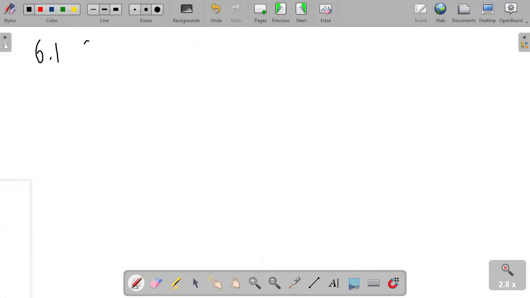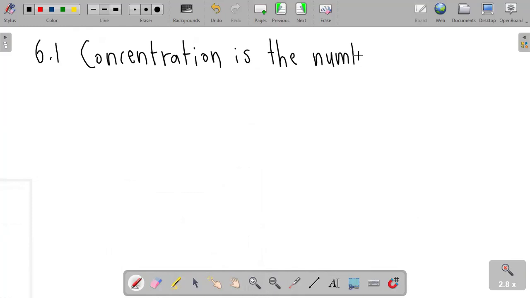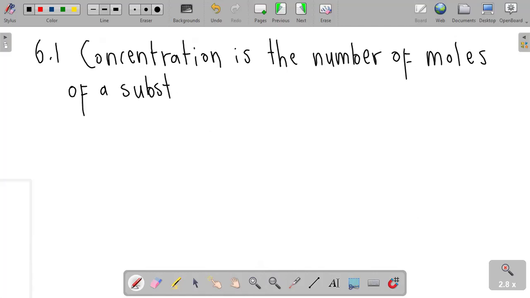So concentration is the number of moles of a substance per cubic decimeter.